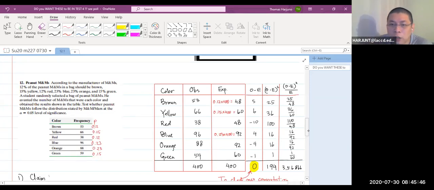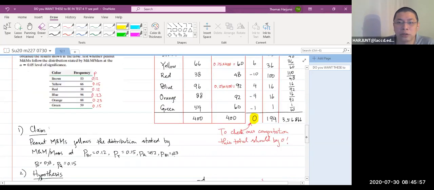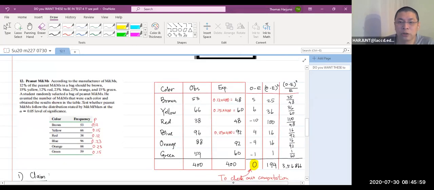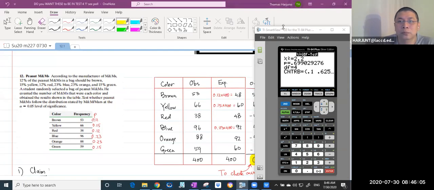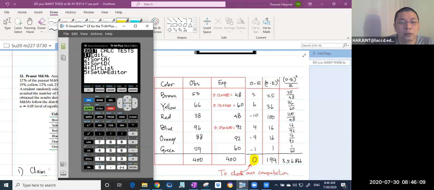Now you can try using your calculator to do these questions here. Okay, and check with the GOF test. Should I do that? I think I should. Let me do it. So I will occupy my list 1 and list 2.